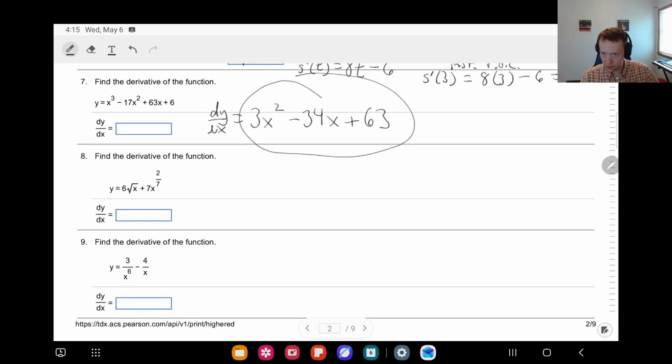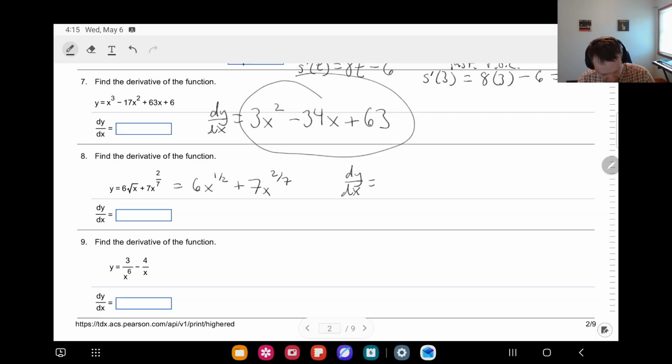Well, number 8 here is actually just a power rule as well. It may not look like it at first, but you have to recognize that the square root of x is x to the 1/2. And then you're free to apply the power rule.